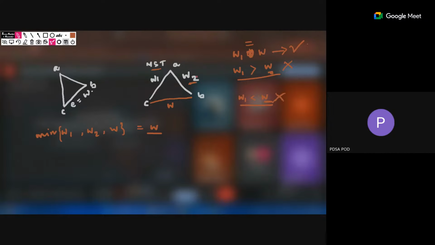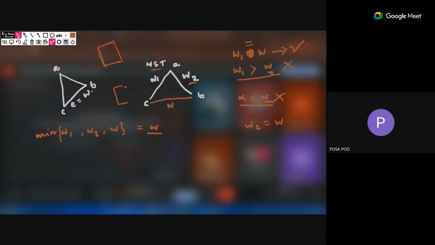If you take W2 instead of W1 and do the same thing, you will get that W2 is equal to W. If suppose instead of this triangle you have a square, try it for a square. I will not do it for a square, you can go ahead and try. You will get the exact same thing. In the minimum spanning tree you will have three edges, and one of them will not be there.